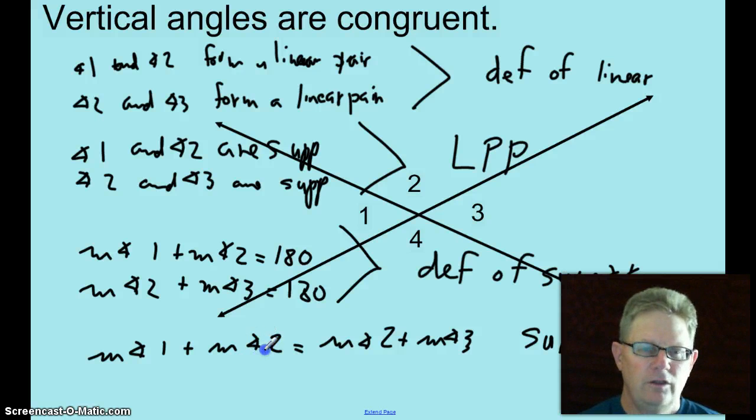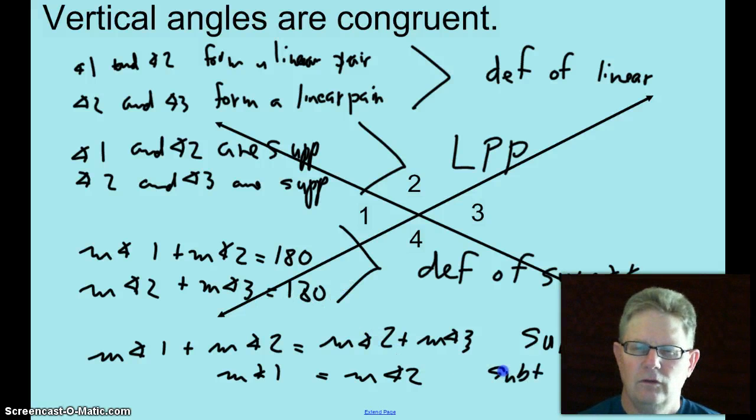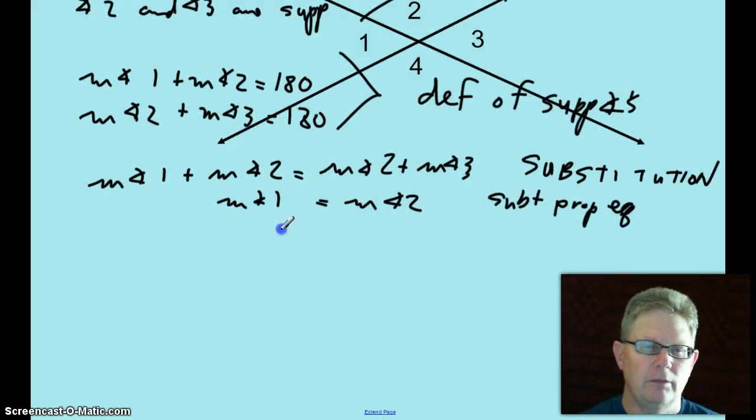Do you see the measure of angle 2 on both sides? I do. Why don't we go ahead and subtract the measure of angle 2 from both sides? The measure of angle 1 equals the measure of angle 3. What allows us to take away the same thing from both sides? Subtraction property of equality. And that's why I like to all cap substitution, so you don't ever confuse it with subtraction property of equality.